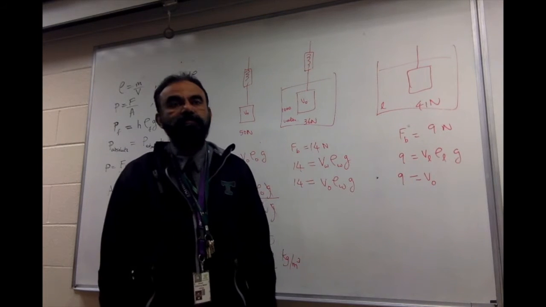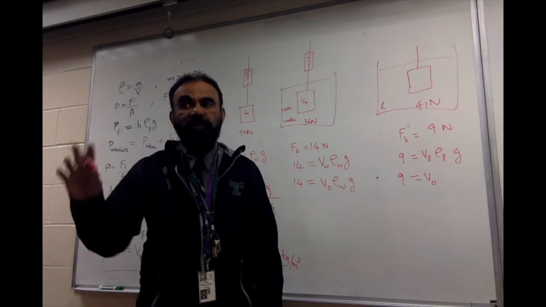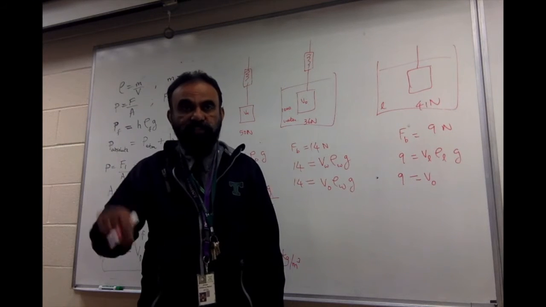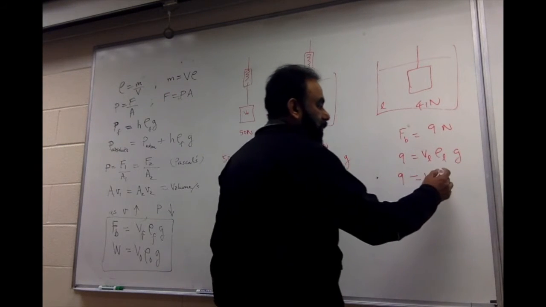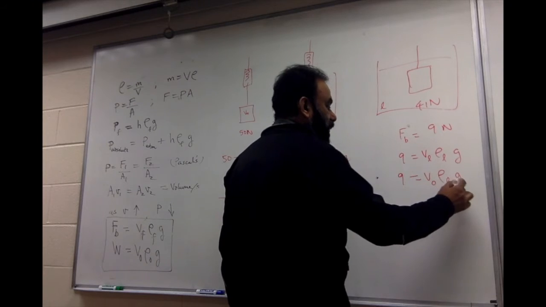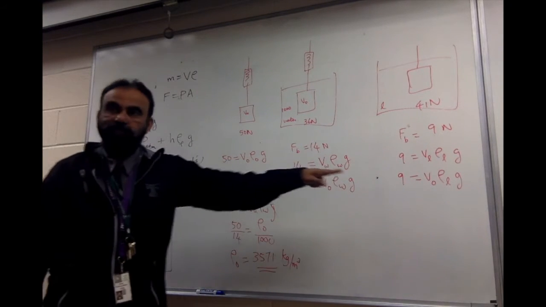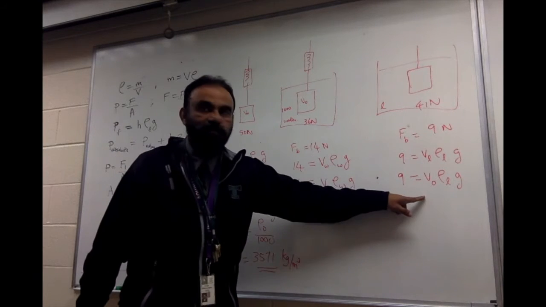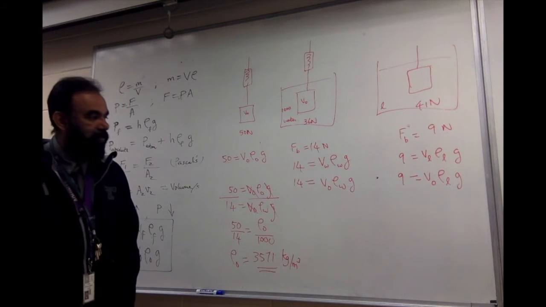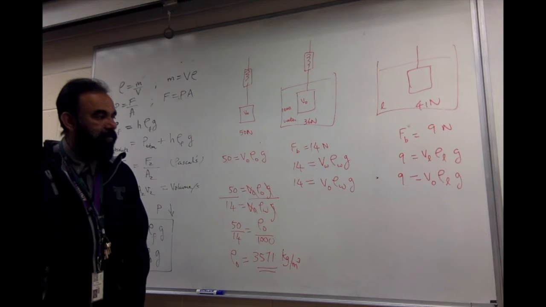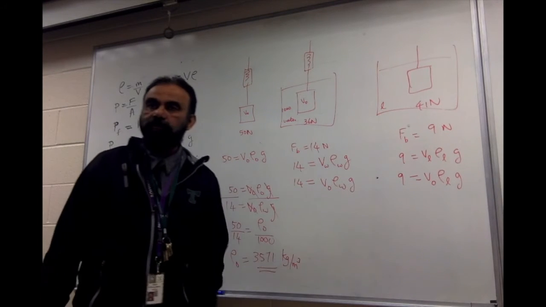If it is floating, that's a totally different thing. If it's fully submerged, then this is true. Density of liquid, gravity. Now I'm going to use this equation and that equation, this one and that one, or this one and that one.